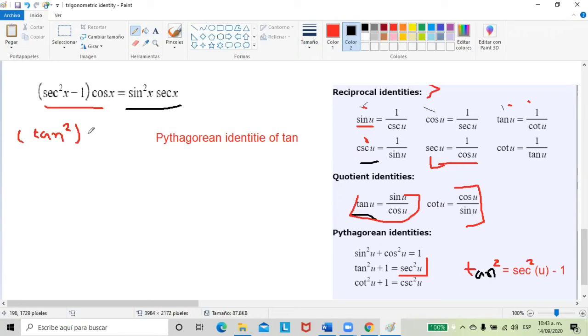So let's write only tangent squared by cosine x. Next step, cosine.